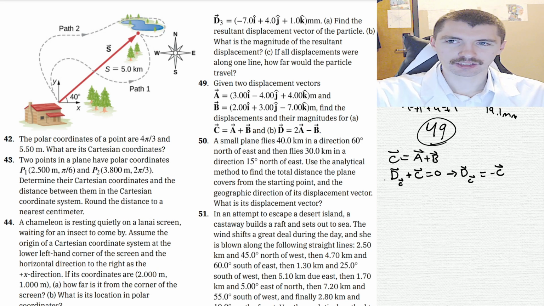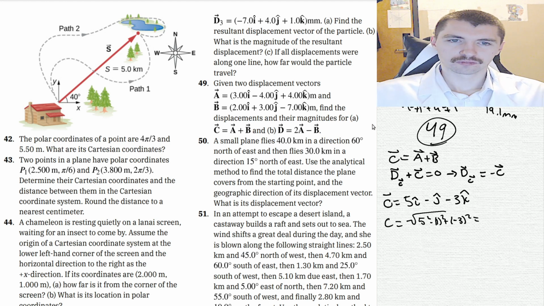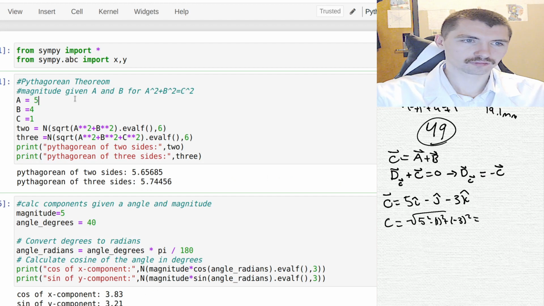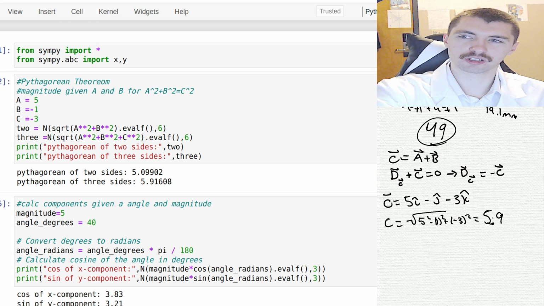Okay. All right, so what's the magnitude? So that's C is 5.9.